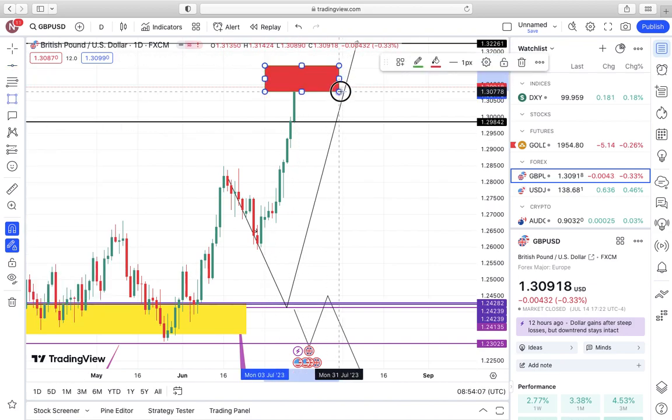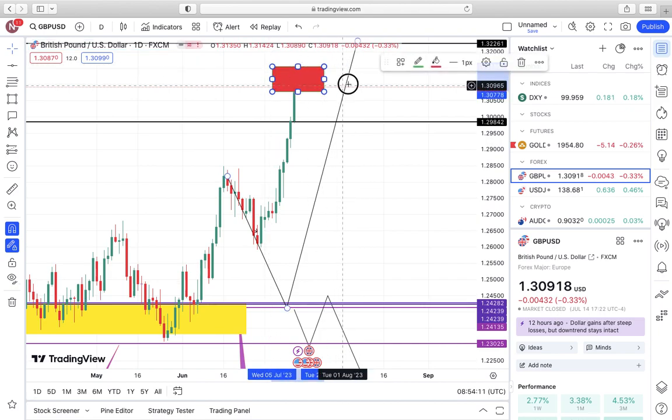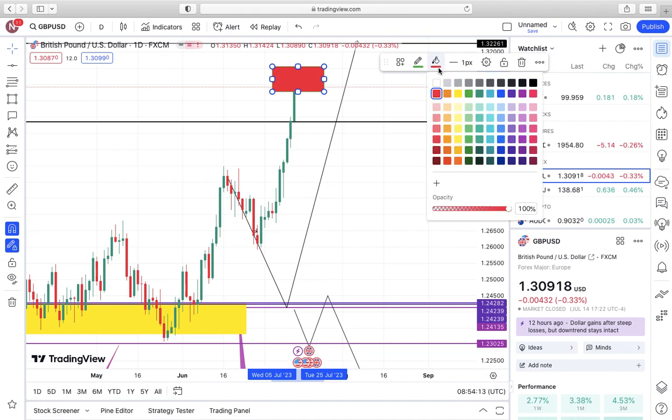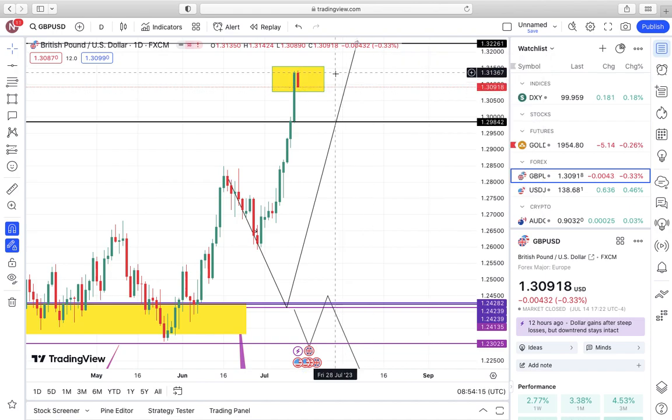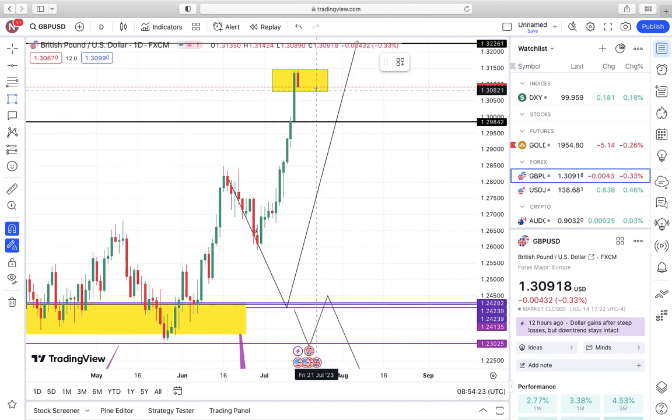Now, how is this resistance zone going to be actualized and violated? You can't just come here and start selling this market. You have to wait for this market to break this zone below with the body.